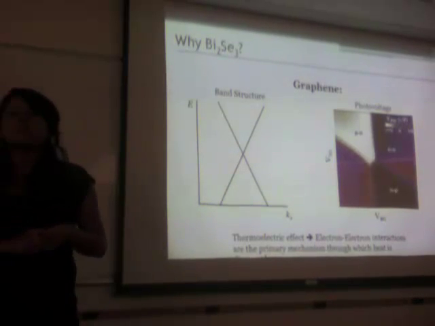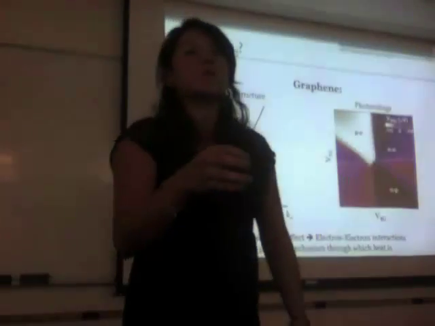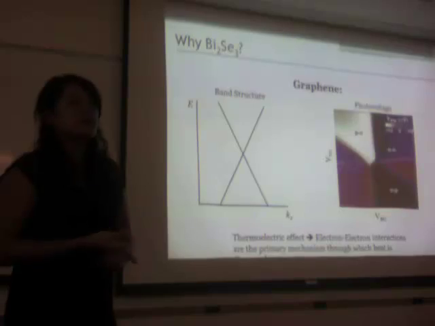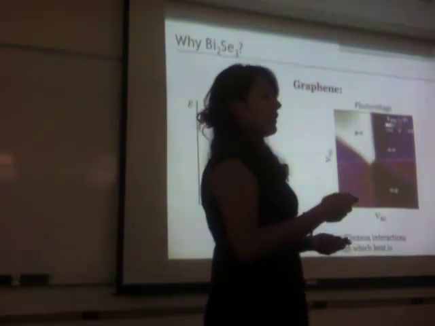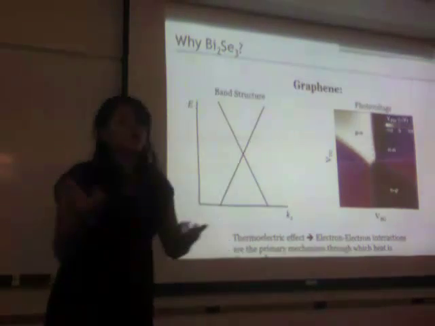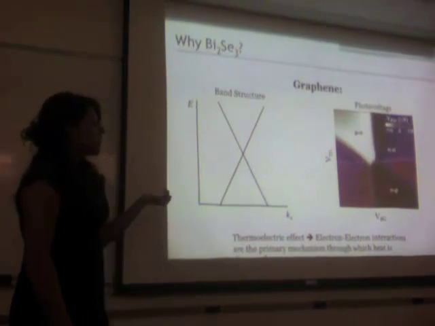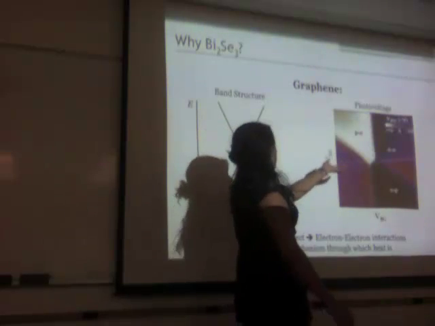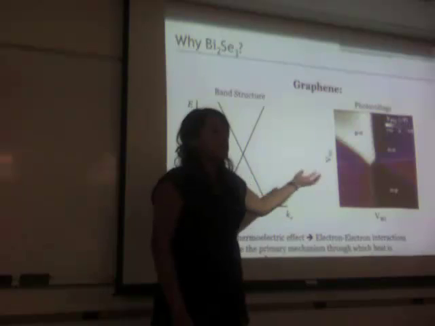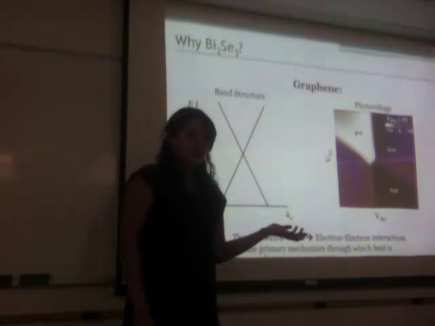What Nathan did was couple these experiments with light. He optically excited flakes of graphene and looked at the mechanisms governing photocurrent generation. What he found is that when you photoexcite a flake of graphene, the resulting current is due to a photothermoelectric effect.